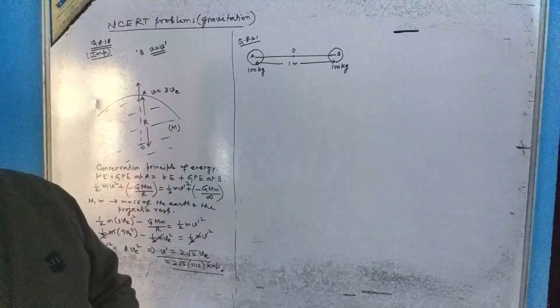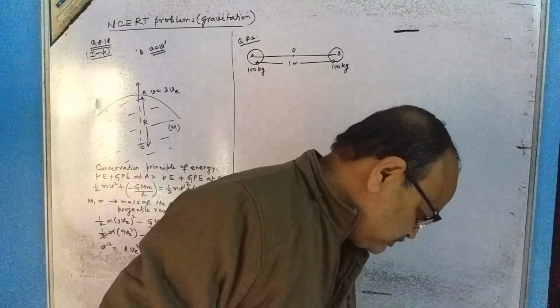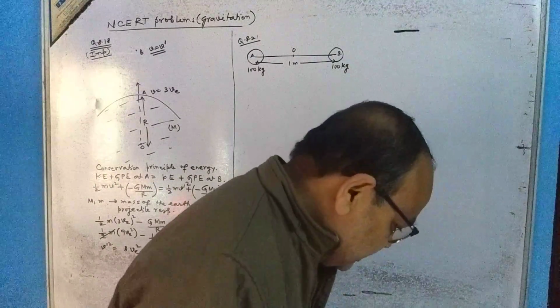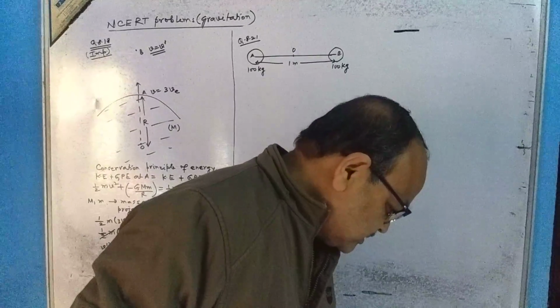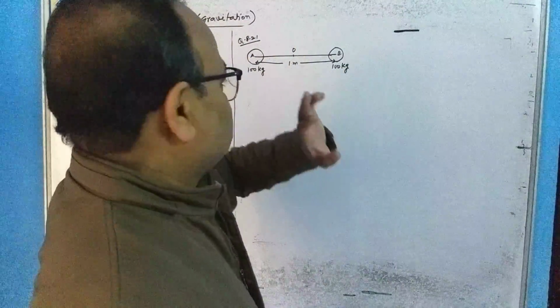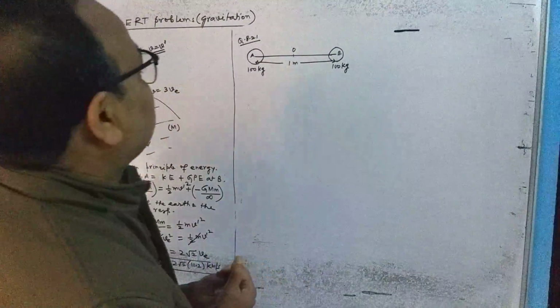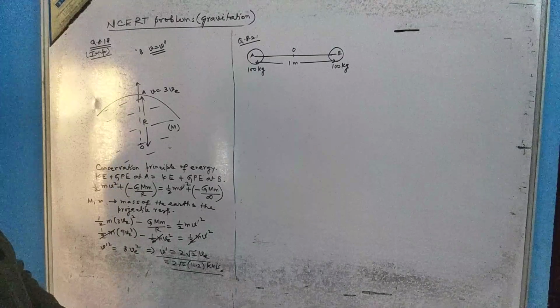Look, it's like this, 100 kg and 100 kg are placed. It is said that first you find out the gravitational force. What is the gravitational force at the point O?